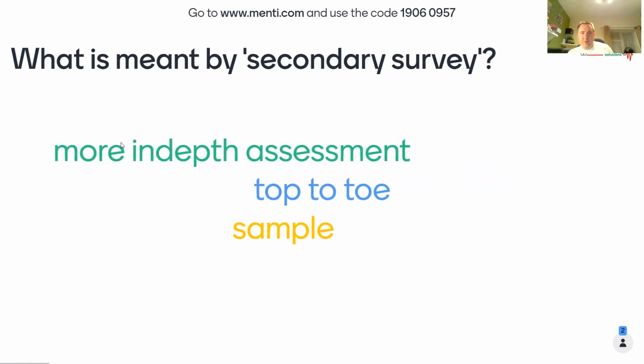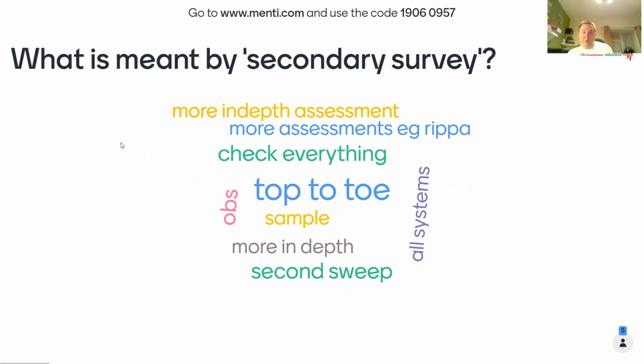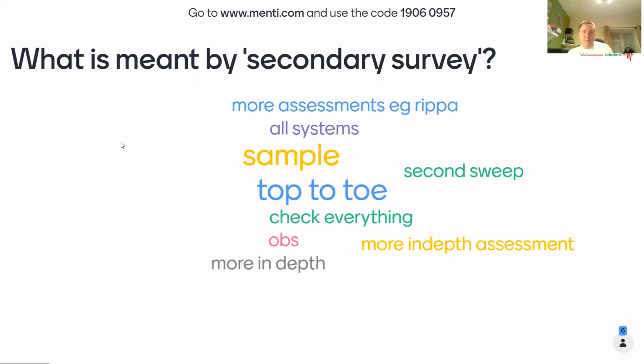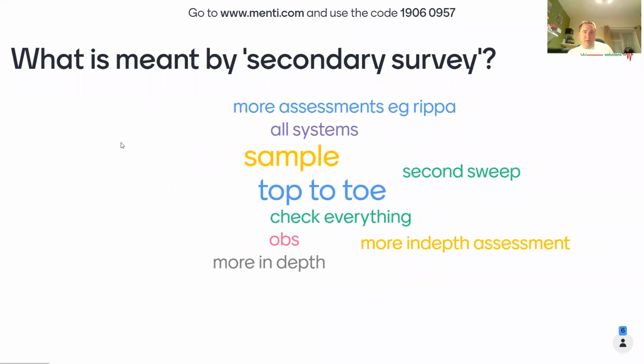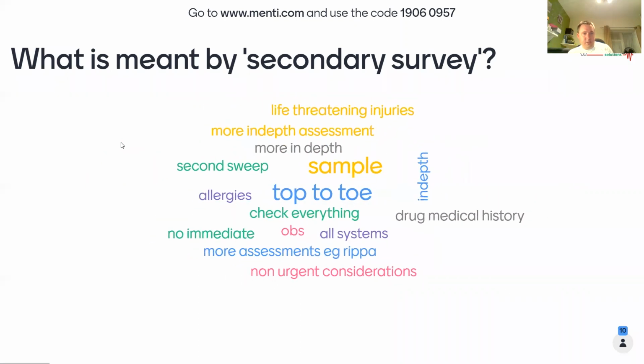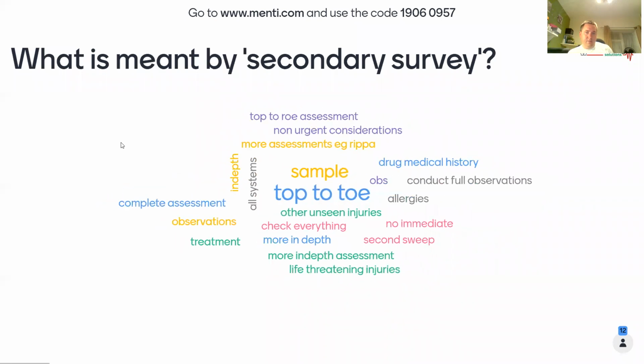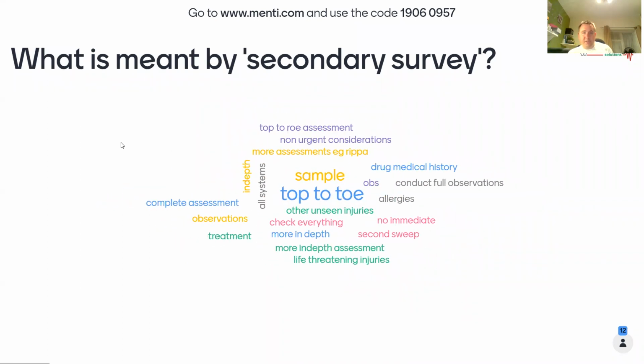Good. Good. Yep. Sample. Love it. Good. Yeah. Second sweep. Yeah. More in-depth assessment. Observations. Good. Well done. Allergies. All systems. I like it. Excellent. Yeah, we're looking for life-threatening injuries that we've missed, absolutely.